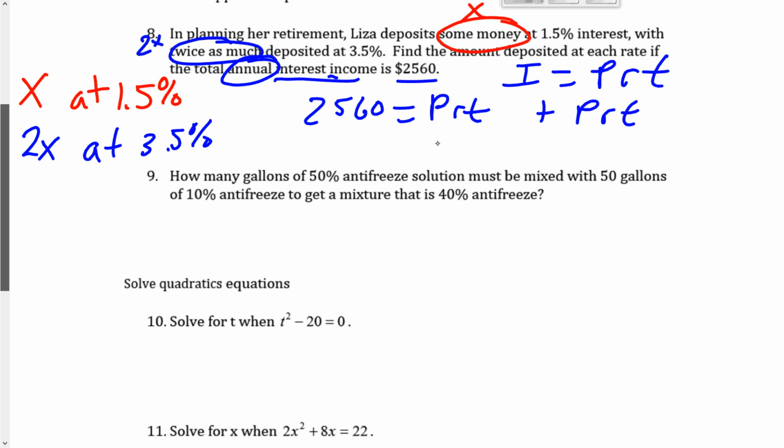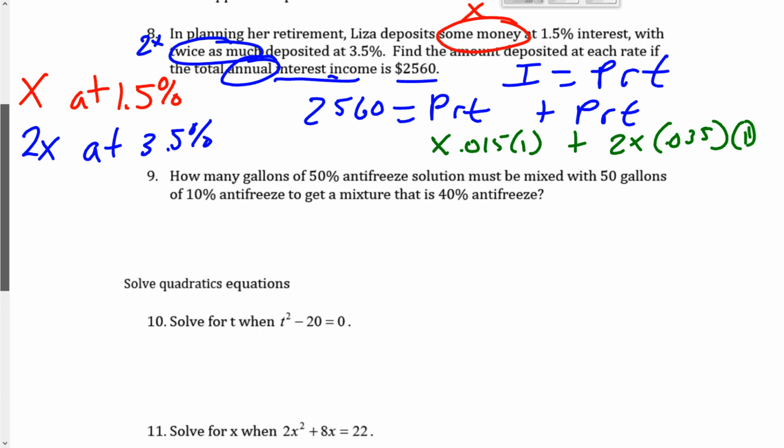So we can enter our principal x at 0.015 times 1. We can multiply those, and then plus the second principal times our rate, which is 0.035 for 1 year. Then we can multiply these, and we can add them together.